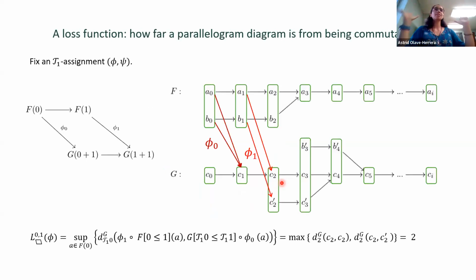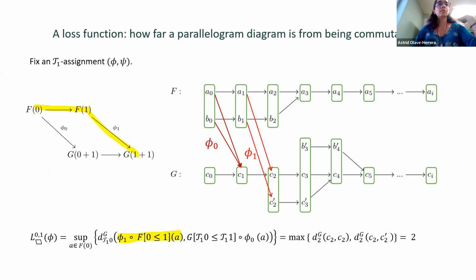Okay, so imagine that I have an assignment, a T1 assignment, phi and psi. And let's focus on the parallelogram defined by 0 and 1. So we are focusing on this diagram. I'm going to take an element of F of 0, and I'm going to see the image on the upper path. So this corresponds to this bit here.